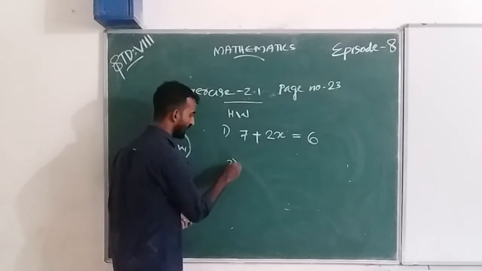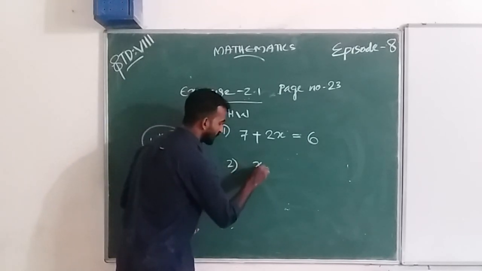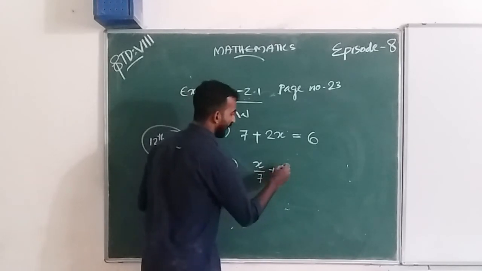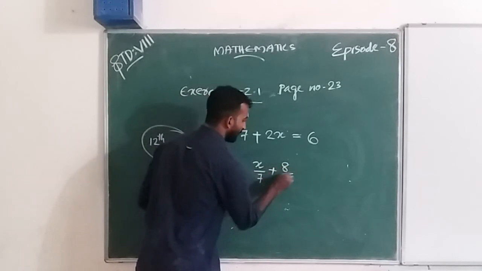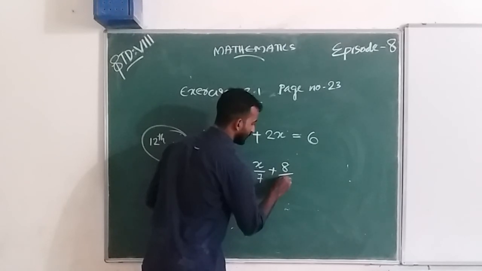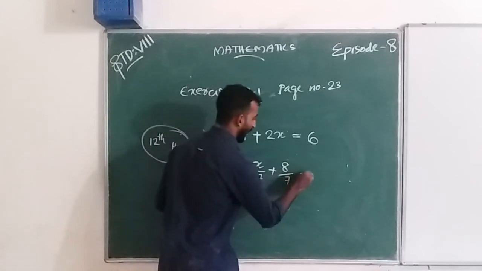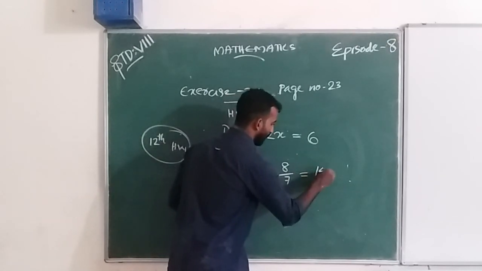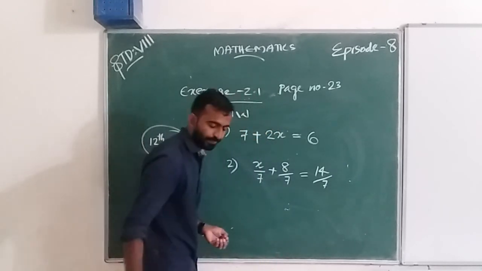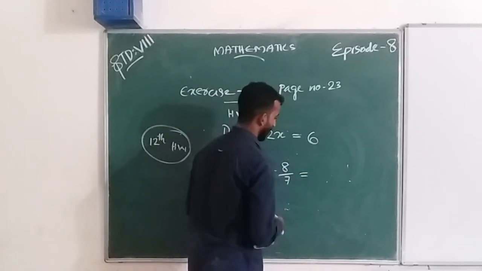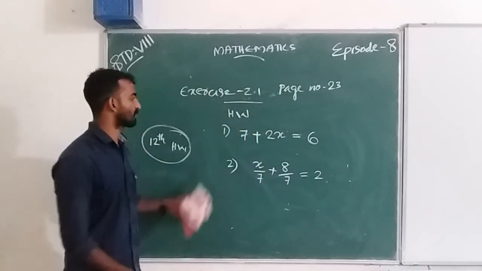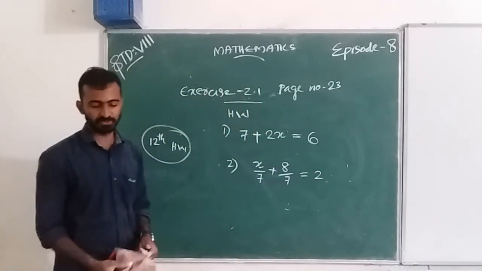And second one is x by 7 plus 8 by 7 equal to 14 by 7. These are also two questions for you.